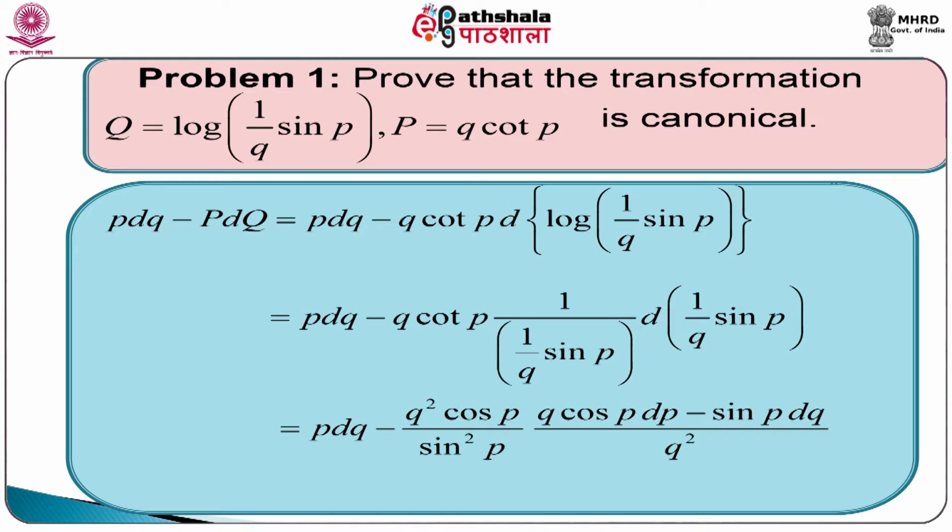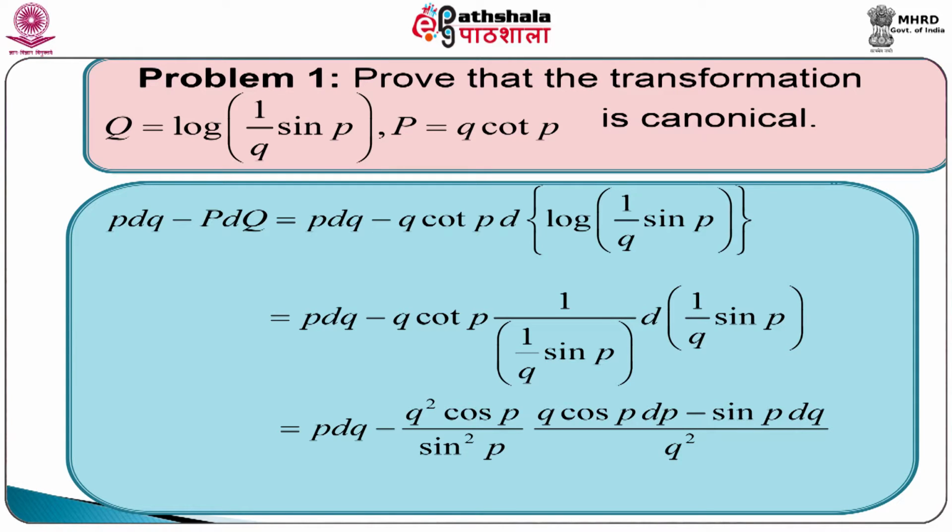Now, calculating the differential, we get 1 divided by (sin p divided by q) into d of (sin p divided by q). The first term has been written as it is and the coefficient of the differential part has been written as it is.